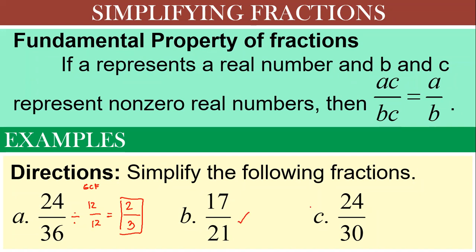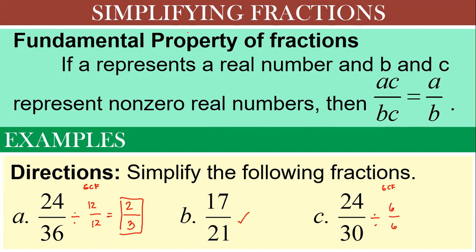Okay? Next, how about 24 over 30? What do you think is the GCF of 24 and 30? Okay, very good. We have 6. Kindly use everyone class ha para nakikita din po ng iba yung answer nyo. So we will divide by 6.